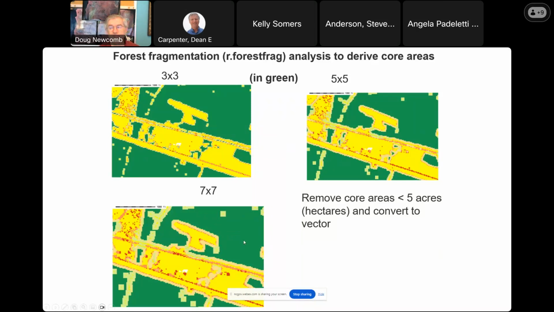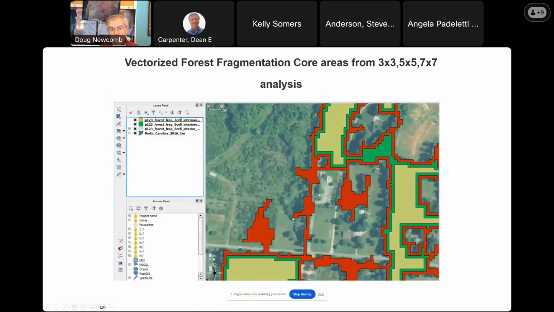But some of the other deep forest species will really have preferences that you can pick out in this data. And then you can vectorize that and start looking at it. You can see some artifacts in there where power lines are trying to show up that I can't really filter out easily, and that makes it think these are part of core areas.